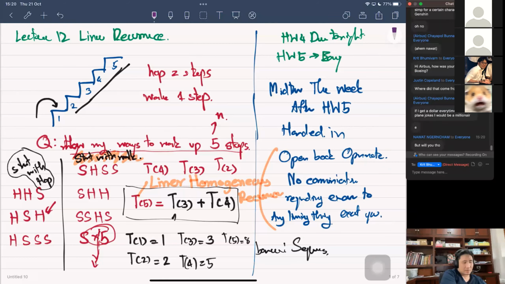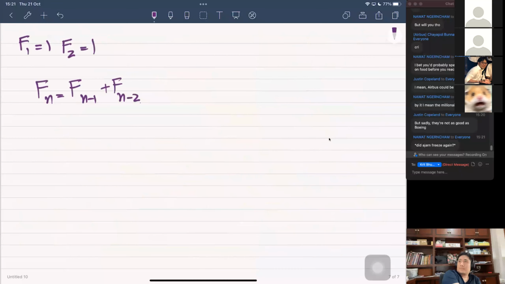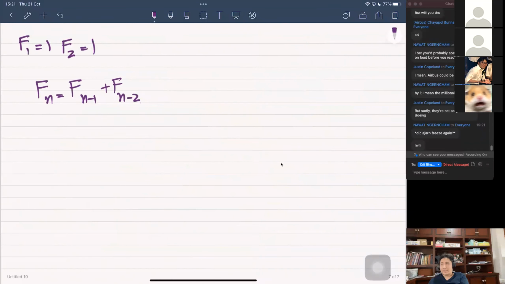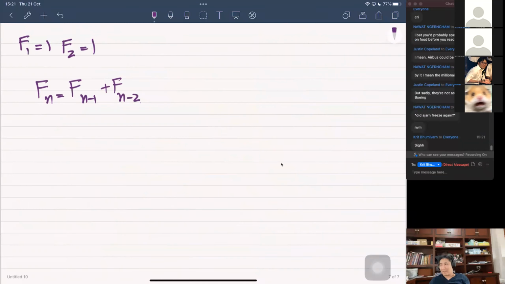I'll use the one in the homework, so I don't need to deal with the factor. Yes, it froze again, because I was looking at the homework to make sure that what we proved for the stair problem doesn't exactly match the homework.